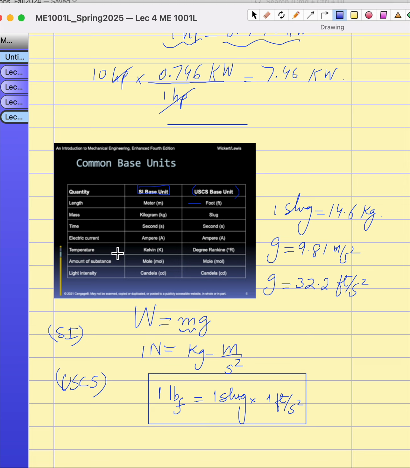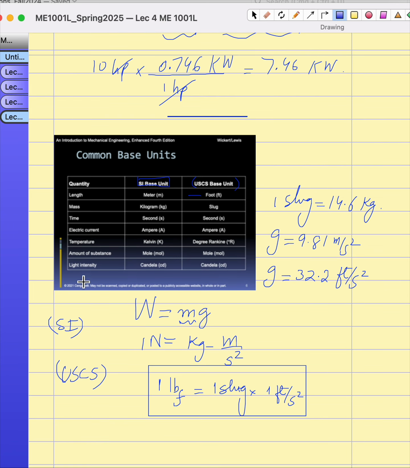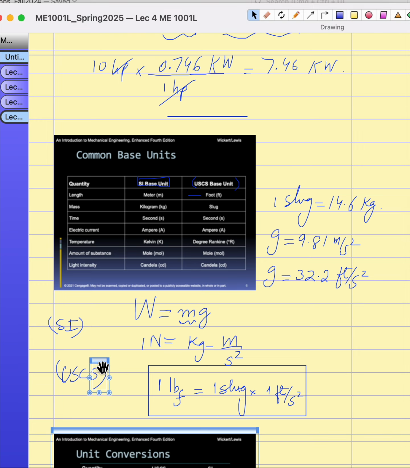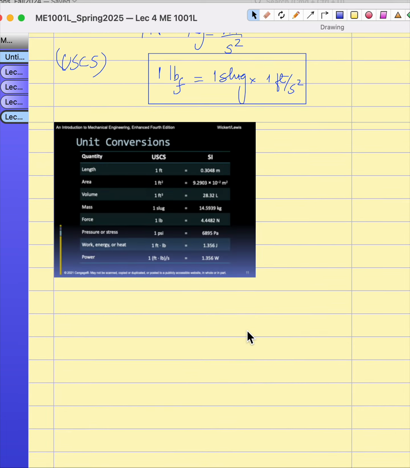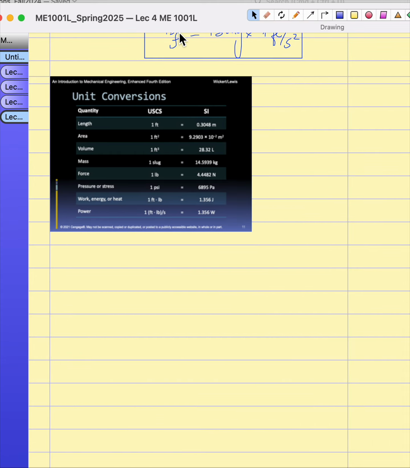So let's do one quick question here. This is the unit conversion from USCS to SI. 1 slug equals 14.6 kilograms, and 1 pound force equals 4.45 newtons.